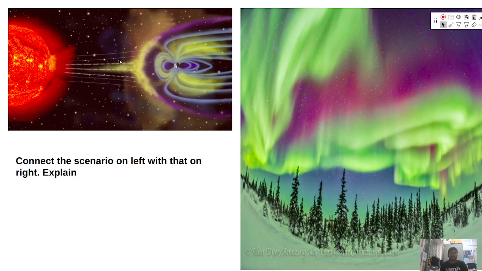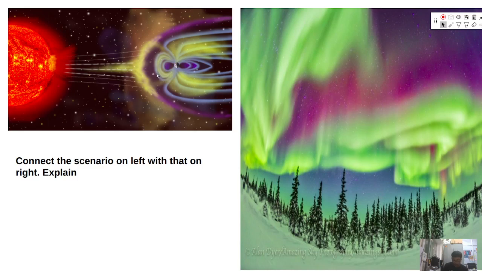As you move towards this, it has some magnetic field, the interplanetary magnetic field, which is carrying the solar wind. So the solar wind has a magnetic field, and your magnetosphere also has a magnetic field.